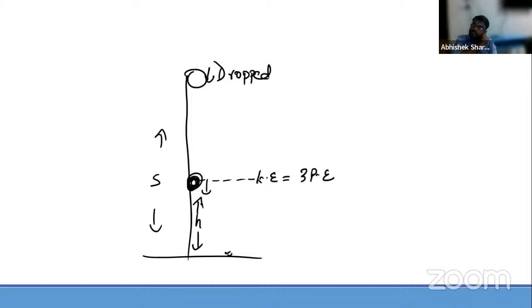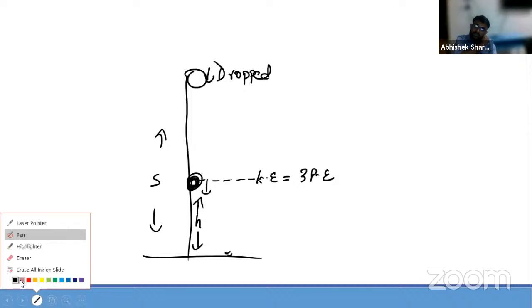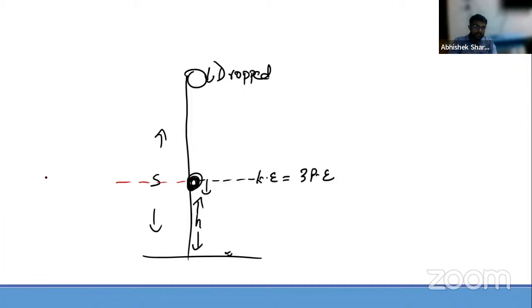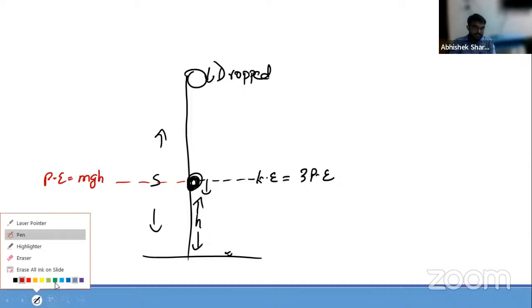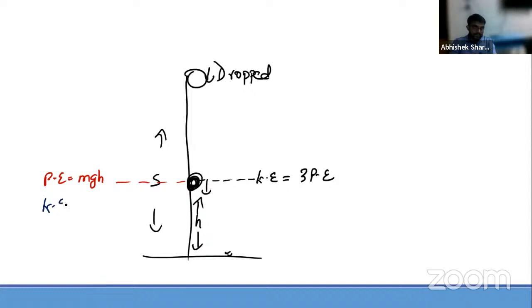And we know at this point, if I mark the level, the potential energy is mgh. And here the kinetic energy is 3 times mgh. Finish. And at the top, the potential energy is mgs, kinetic energy is 0. Okay, let us use energy conservation laws and find the answer.